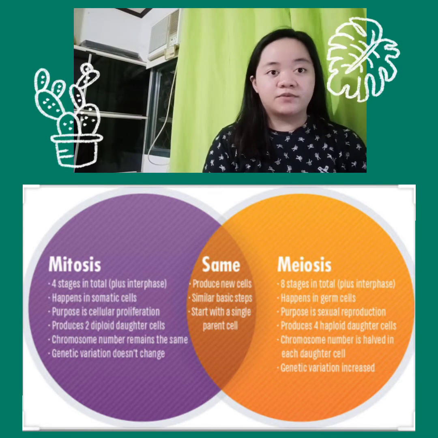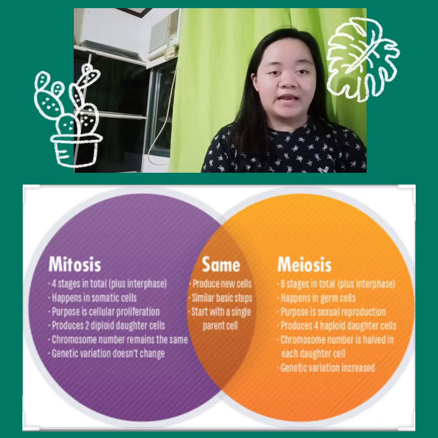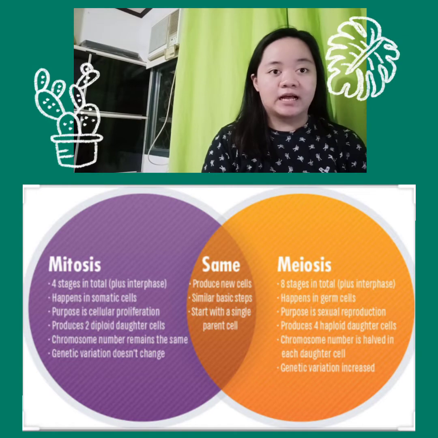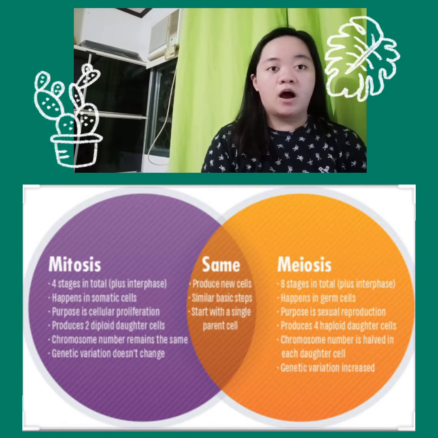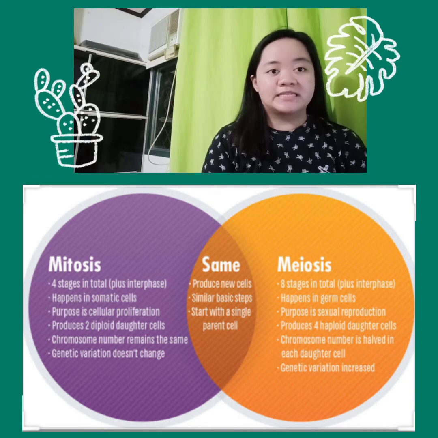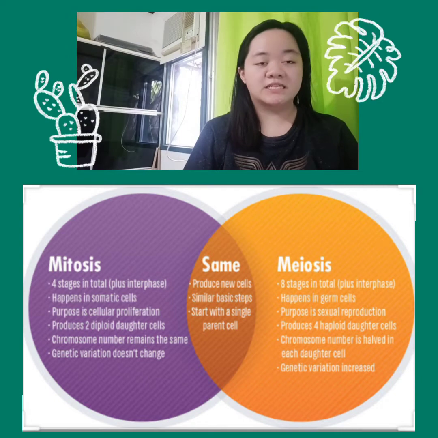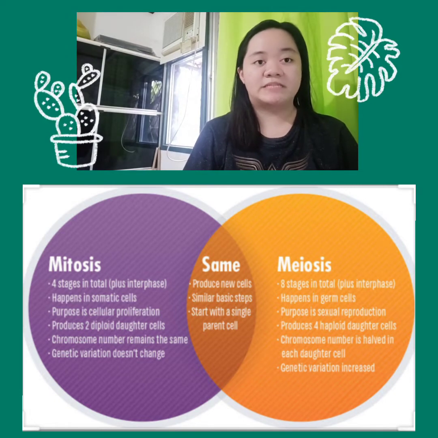So the first difference lies in the cells they apply to. For mitosis, it happens in somatic cells or body cells, other than the reproductive cells. For meiosis, it happens in gametes or sex cells only. The second difference lies in the number of times they divide in cell division.